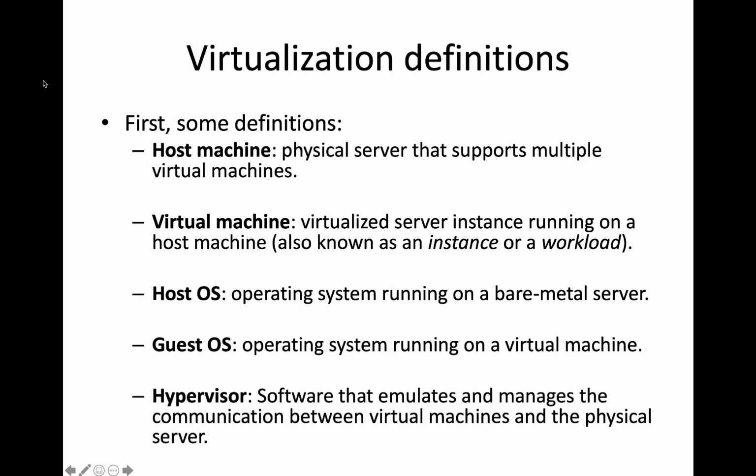And those guest operating systems, in some cases, could be completely different. And then finally, we have the hypervisor. The hypervisor is a piece of software that is really handling the emulation of the virtual machine. It's managing the communication between virtual machines and the physical server.